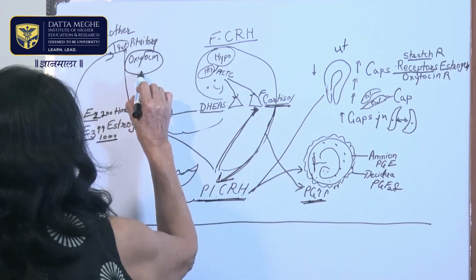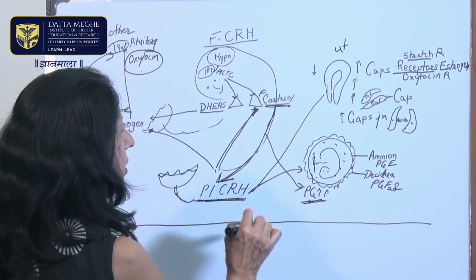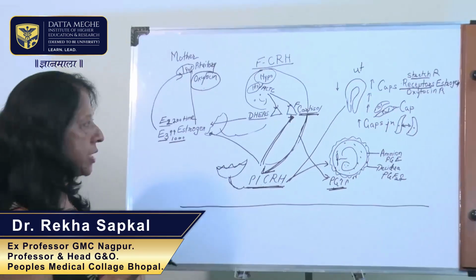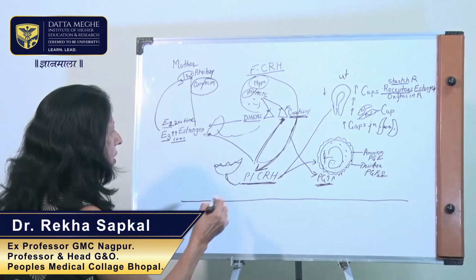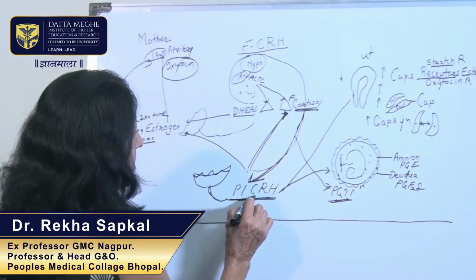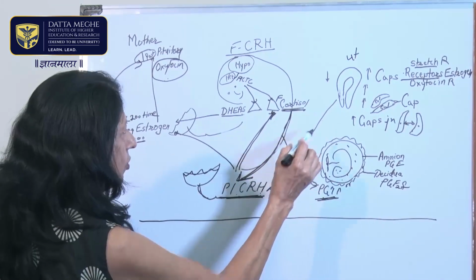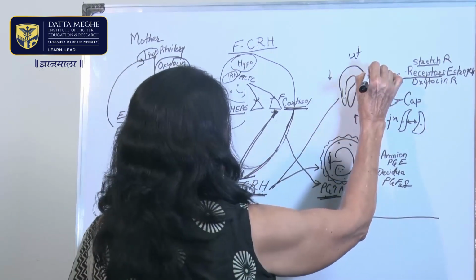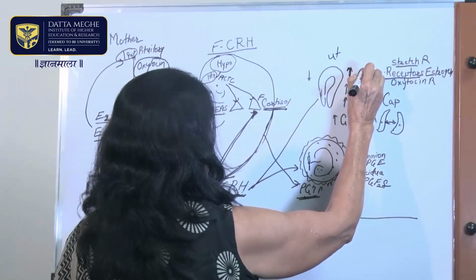Prostaglandins and oxytocin, they are uterotonics, means what? They cause uterine contraction. Now, what are the effects of this placental corticotropin releasing hormone over the uterus? It increases production of the caps.